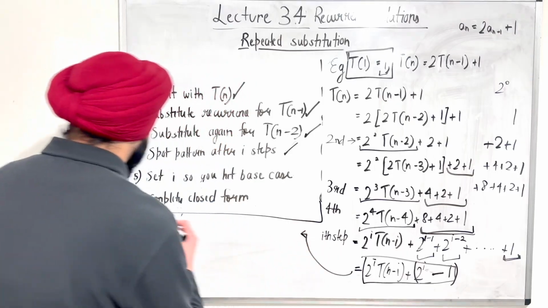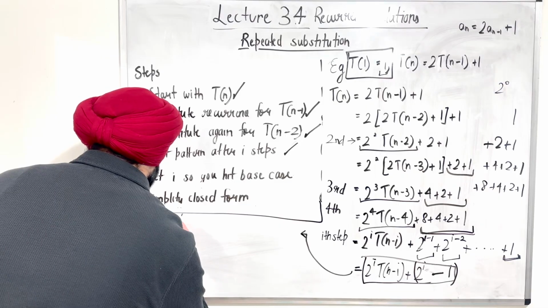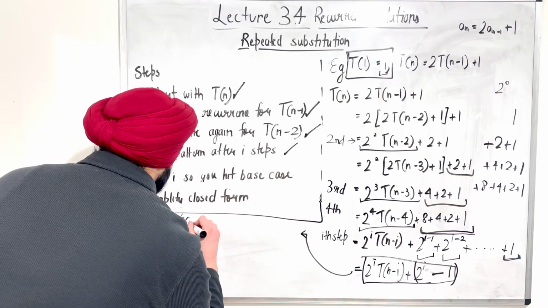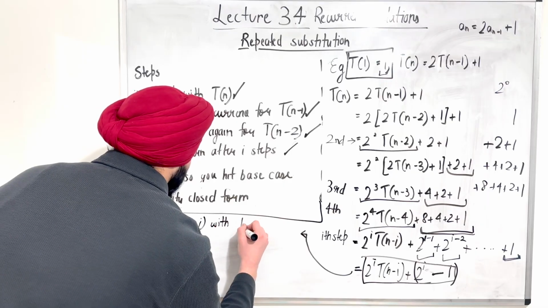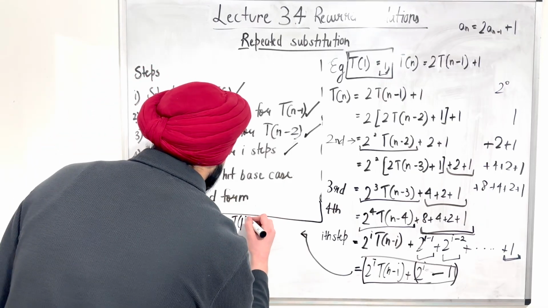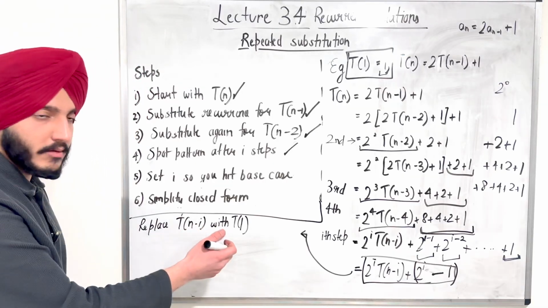Sorry, I should say T1. How do I replace it? I would have to replace n minus i with 1.